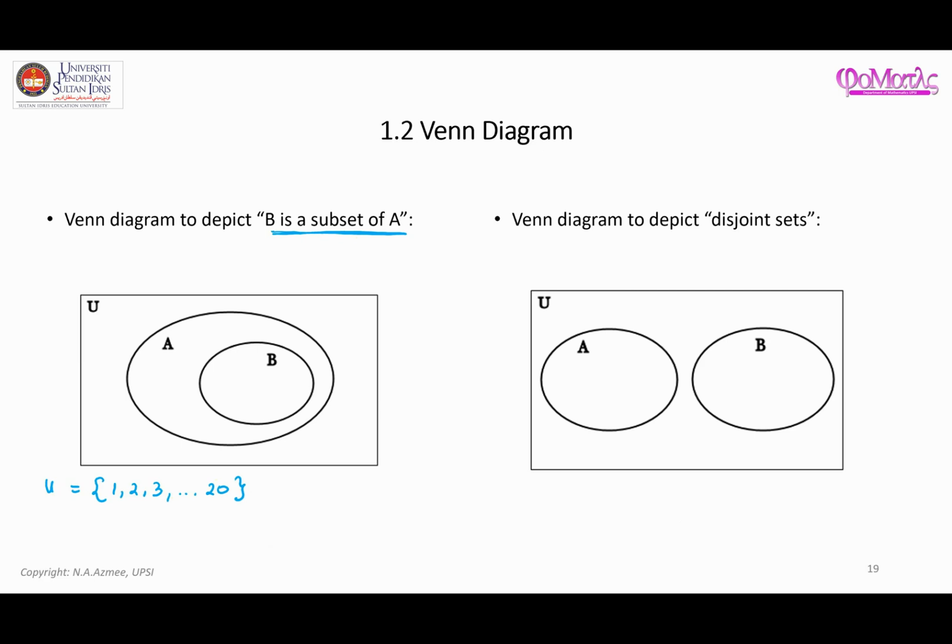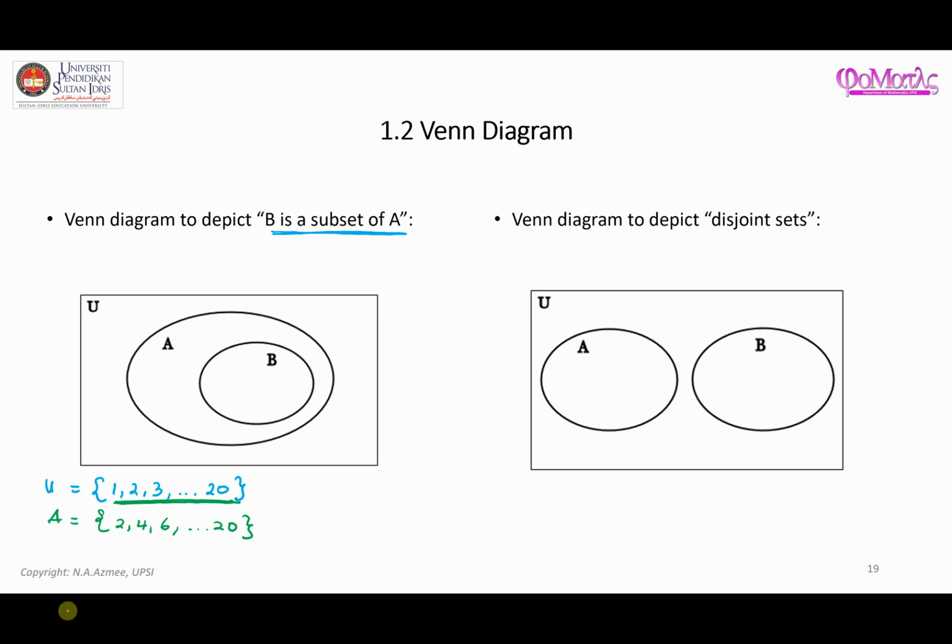And let's say you have set A. So here we've got set A maybe consists of elements such as even numbers from this universal set. So here it could be 2, 4, 6 until 20. So this is a set with even numbers.